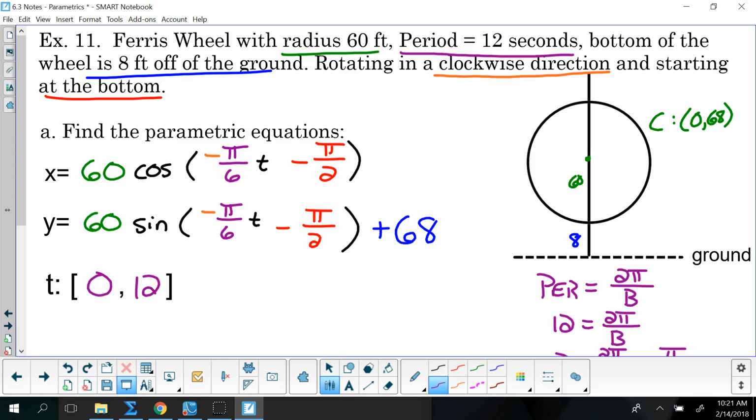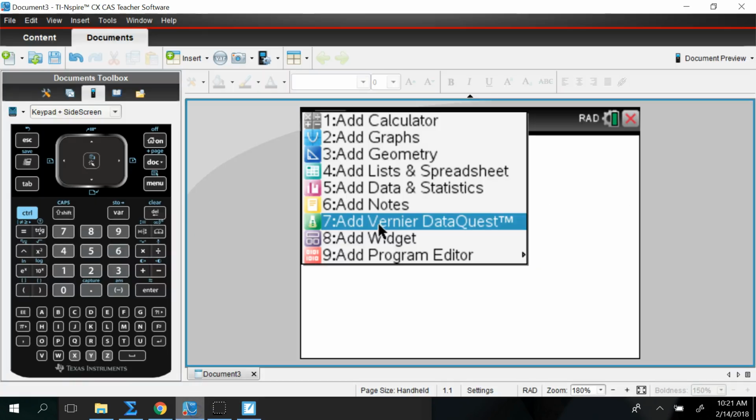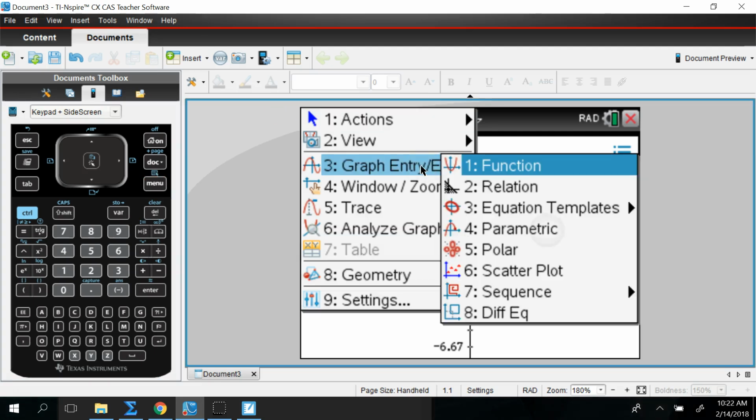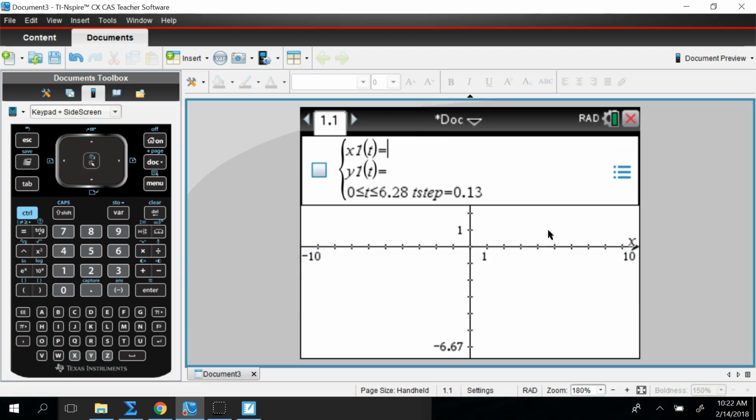Okay. Now, what I'd like you to do, graph that thing. It's a parametric graph, so I have to switch that over to parametric. Okay.